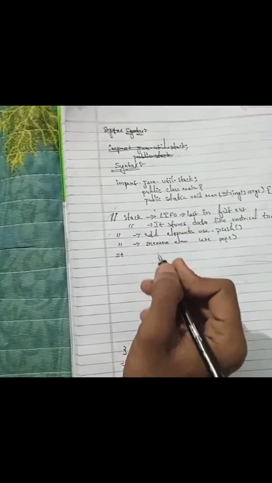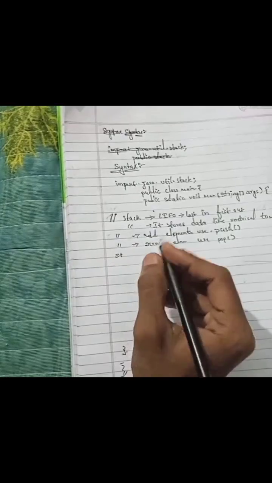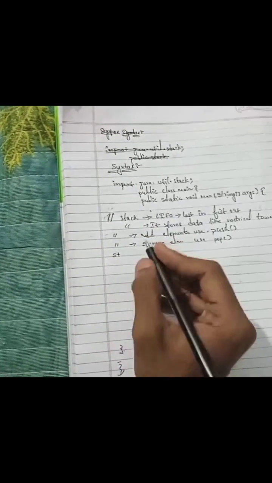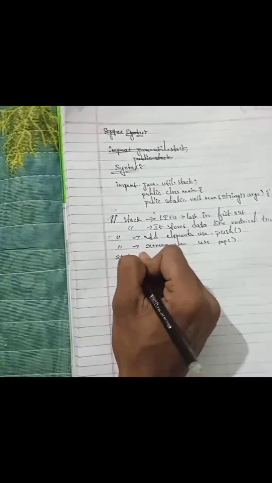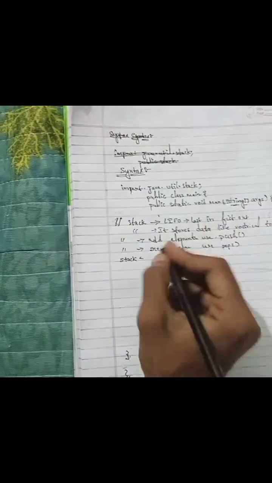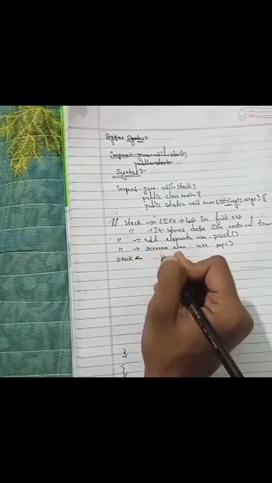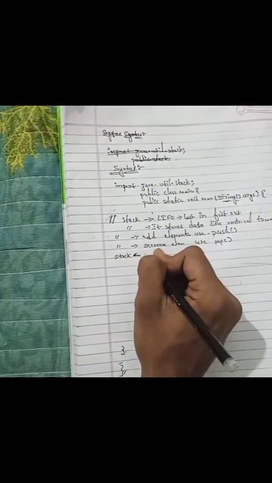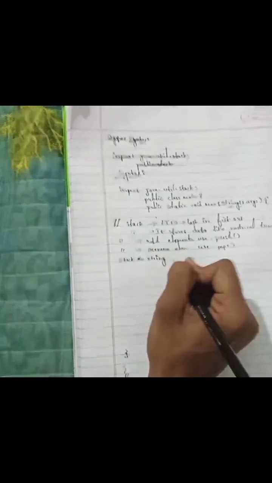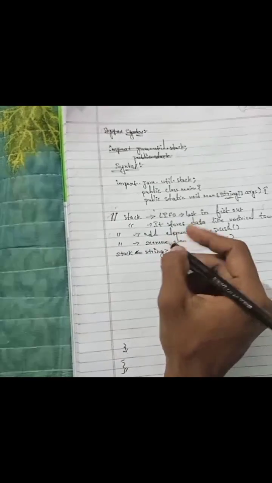Now I'm going to add a new syntax of the stack, which can access the below code. By using the stack element, I'm accessing with the string data type, so between these I'm going to put String.